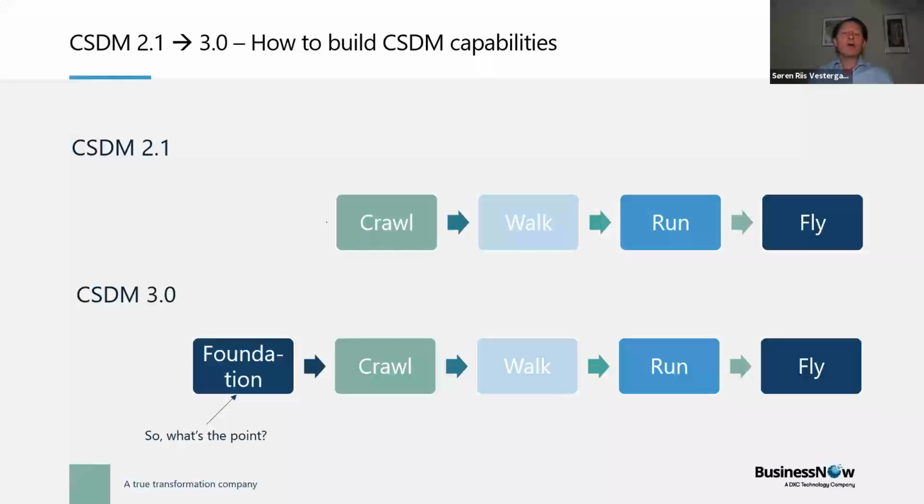Okay, so in the advice given in CSDM 2.1 about how to implement the model in your organization, there was the crawl, walk, run, fly metaphor. We start with crawling, we build some of the model, and then we go to walk, run, and finally fly.